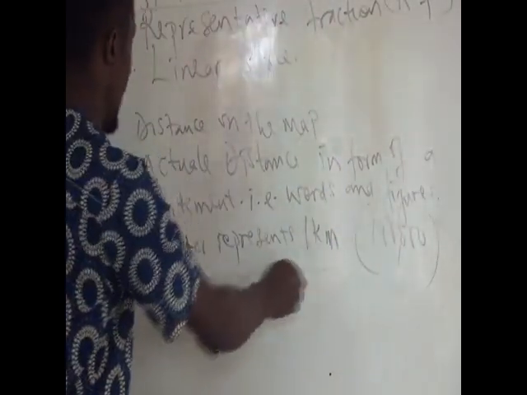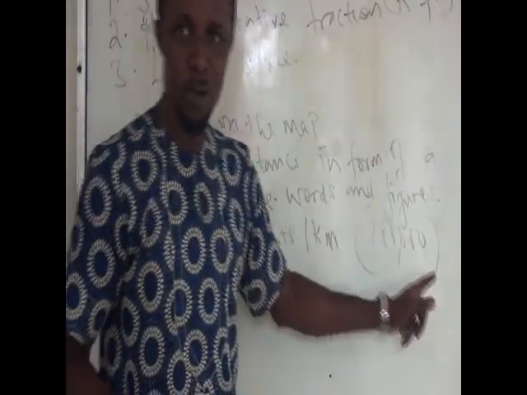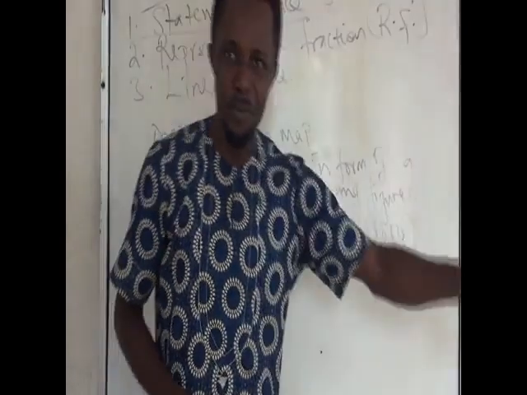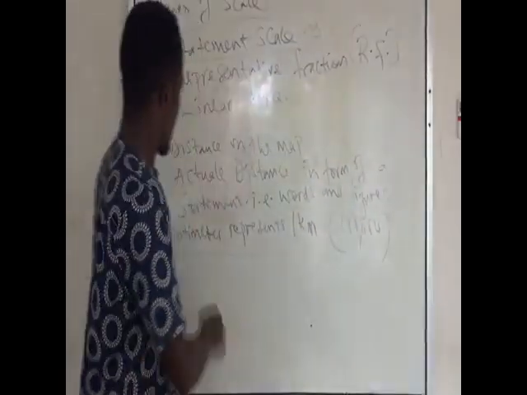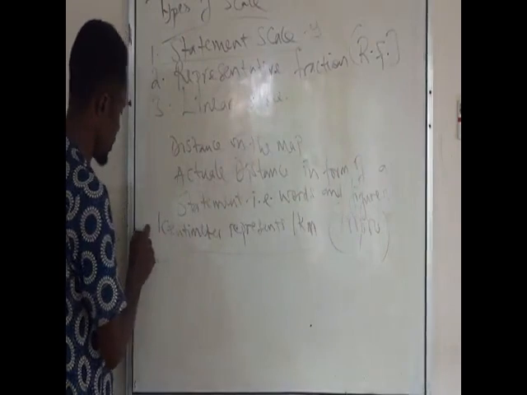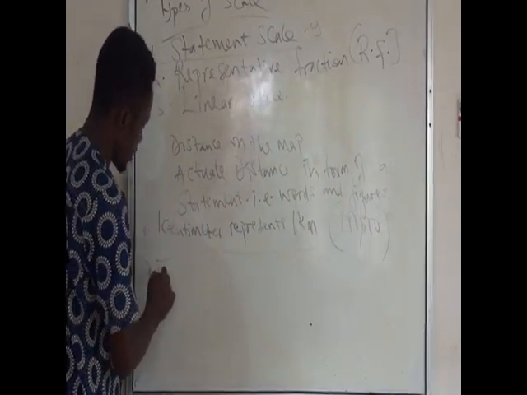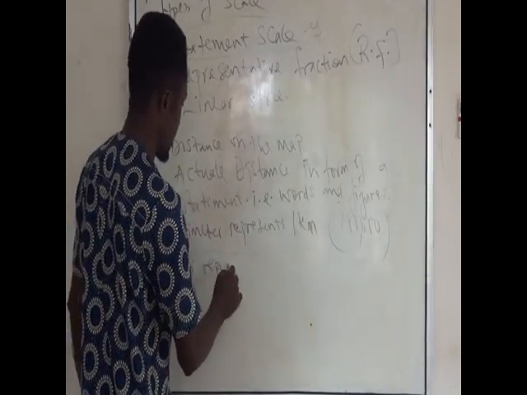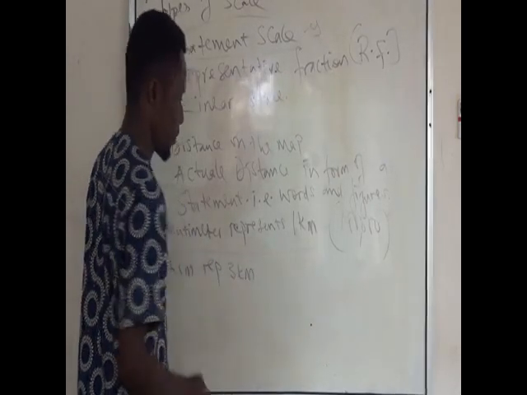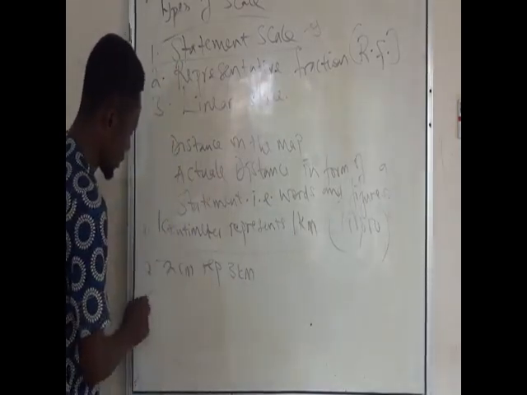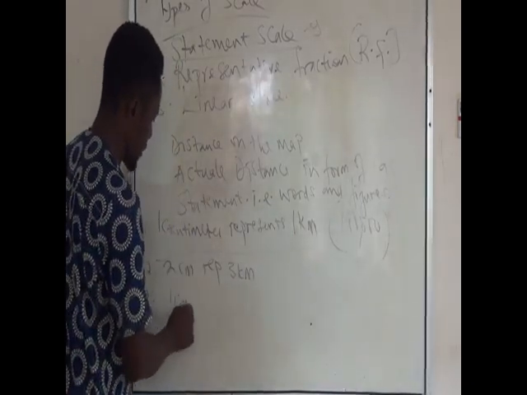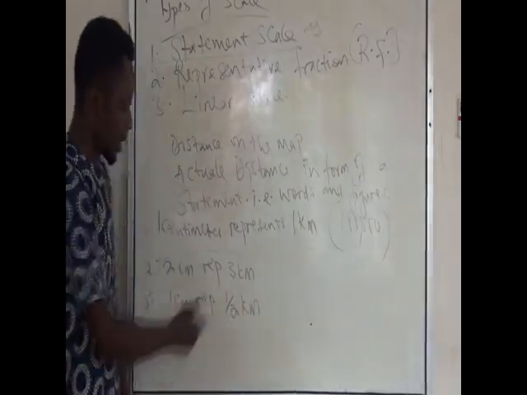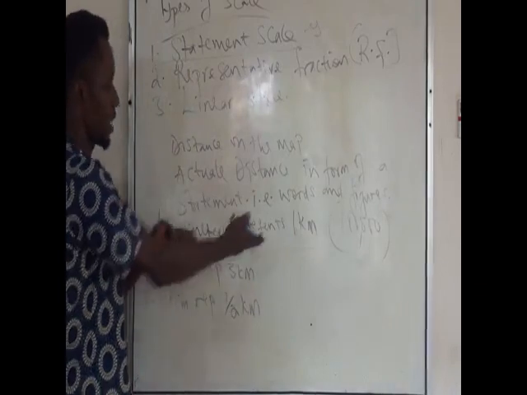If you see a scale like this, it means the area was reduced 100,000 times before it can fit into that map. Another example. 2 cm, which is 2 centimeters, represents 3 km. Another example, we have 1 cm represents half km, half kilometer. This is a short form of writing it.